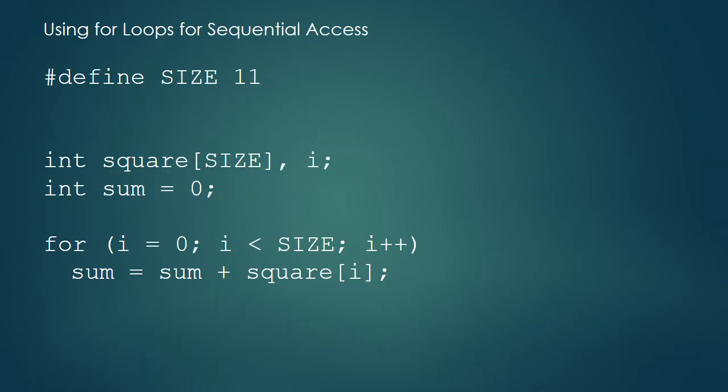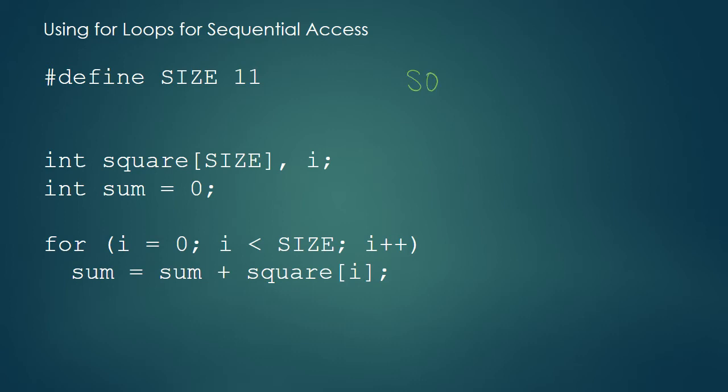All right, so the next thing we're going to be talking about, a couple things in this video. The first is how do we go through an array to get to all of the elements in the array. So let's say I have this array. It's going to be size 11, and the name of the array is square.